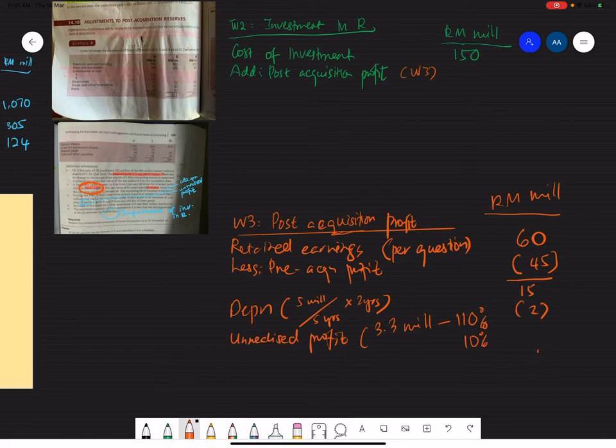So it's 3.3 million times 10 over 110, which is 0.3. So now we have 15 minus 2 minus 0.3, so we have 12.7.